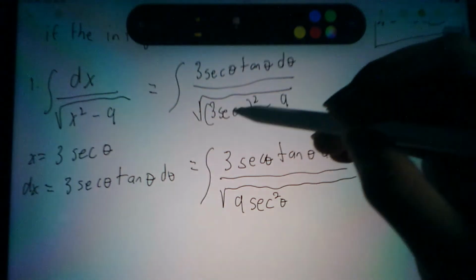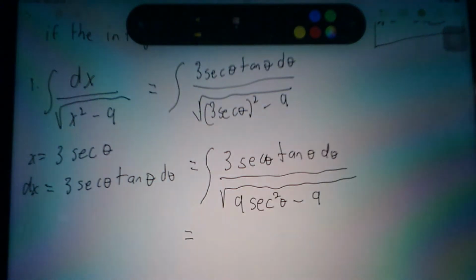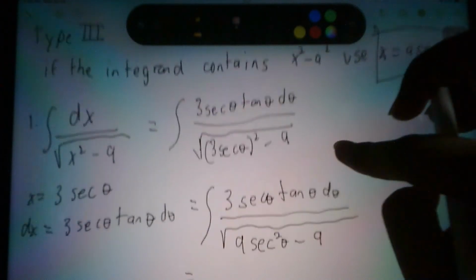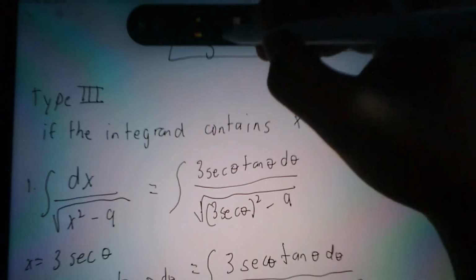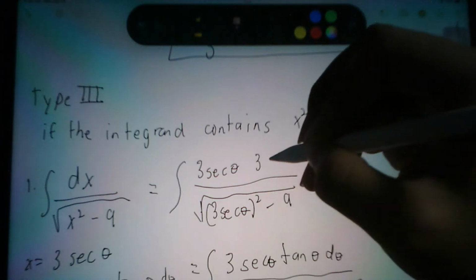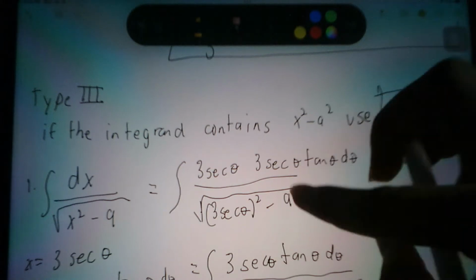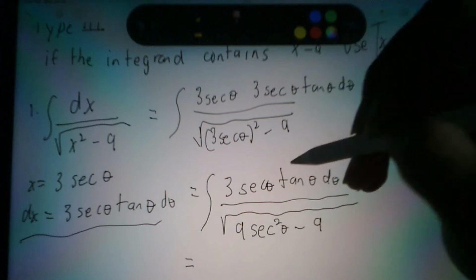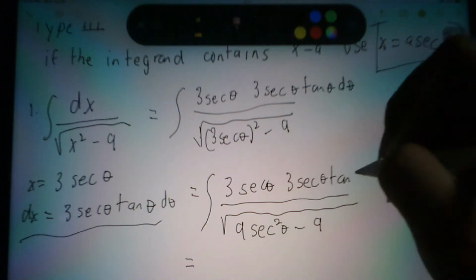I just squared the expression here. We forgot to put the dx, which equals 3 secant theta tangent theta d theta.